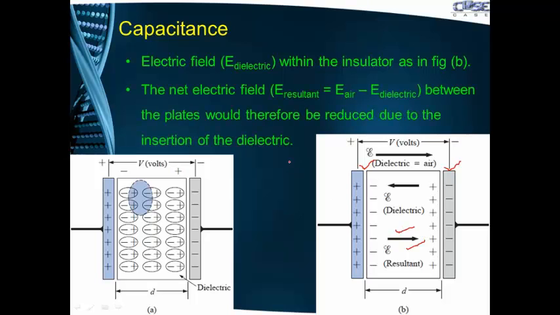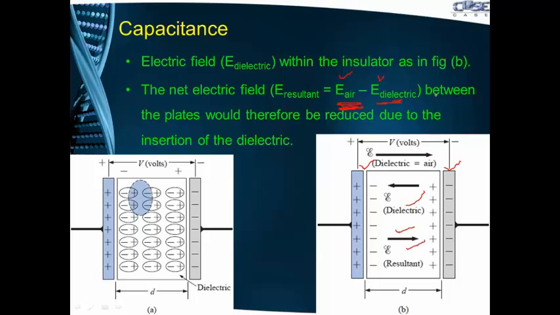The resultant electric field would be the difference between these two electric fields. So the net field would be the electric field of the capacitor without the dielectric, that is only with air, minus the electric field due to the dielectric.